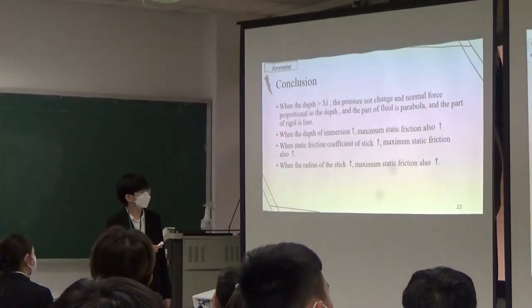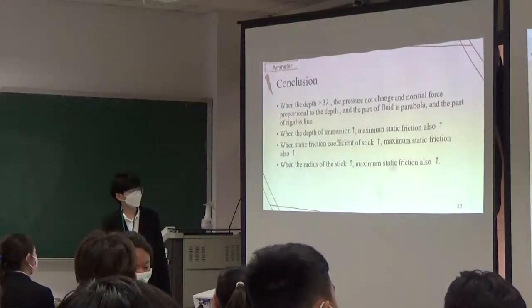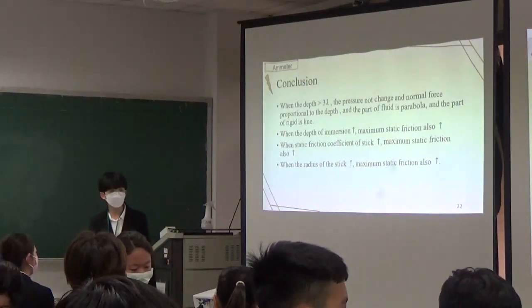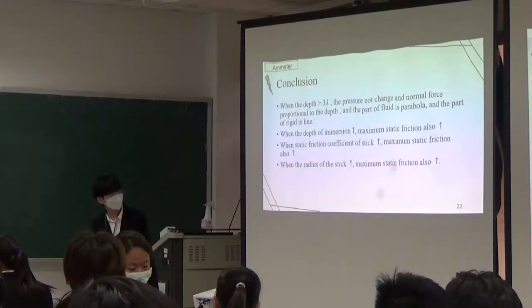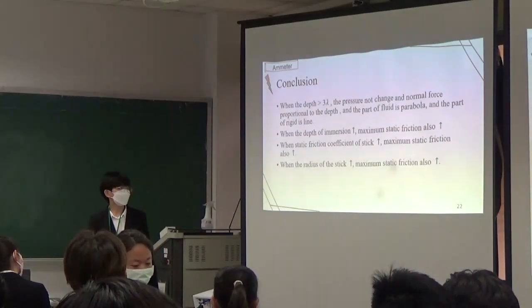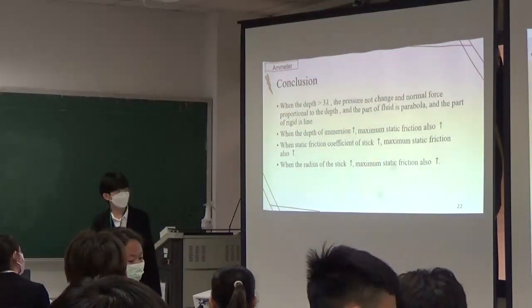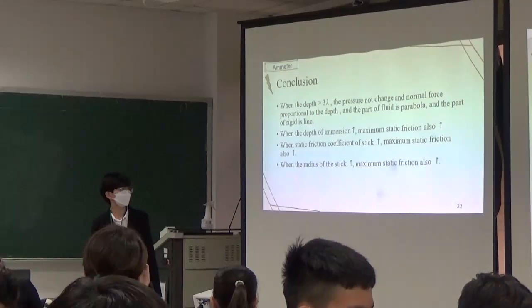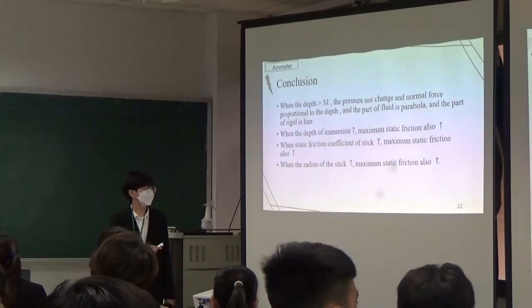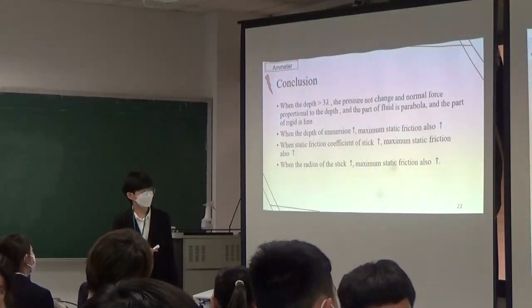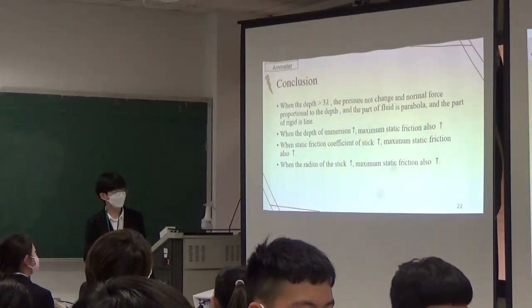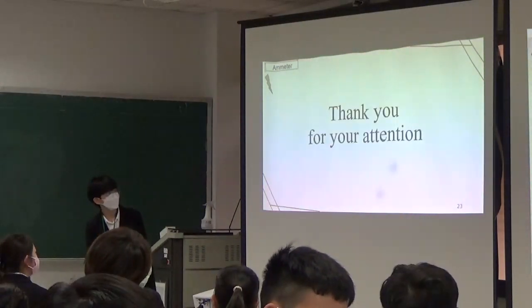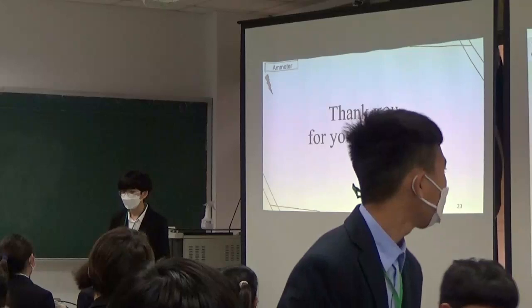Second, when the depth of immersion increases, the maximum static friction also increases. Third, when the static friction coefficient of the stick increases, the maximum static friction also increases. Next, when the radius of the stick increases, the maximum static friction also increases. And thank you for your attention.